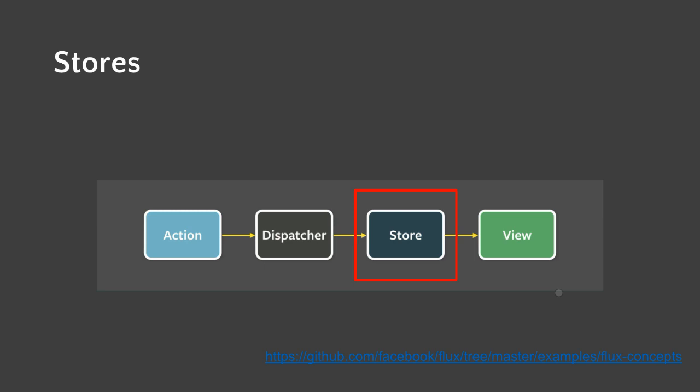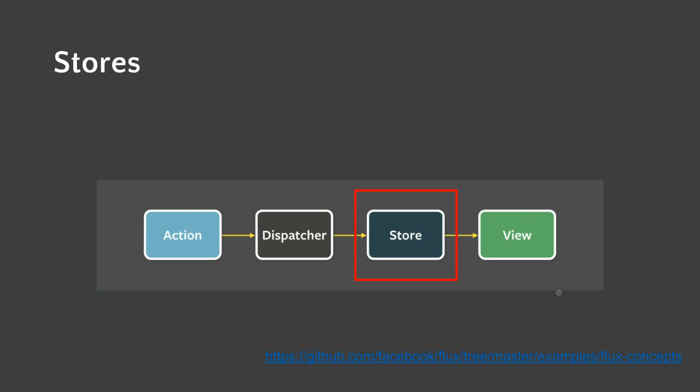They respond to actions according to current state. So it means that they apply the business logic to respond to an action, execute business logic, and emit a change when they are done.